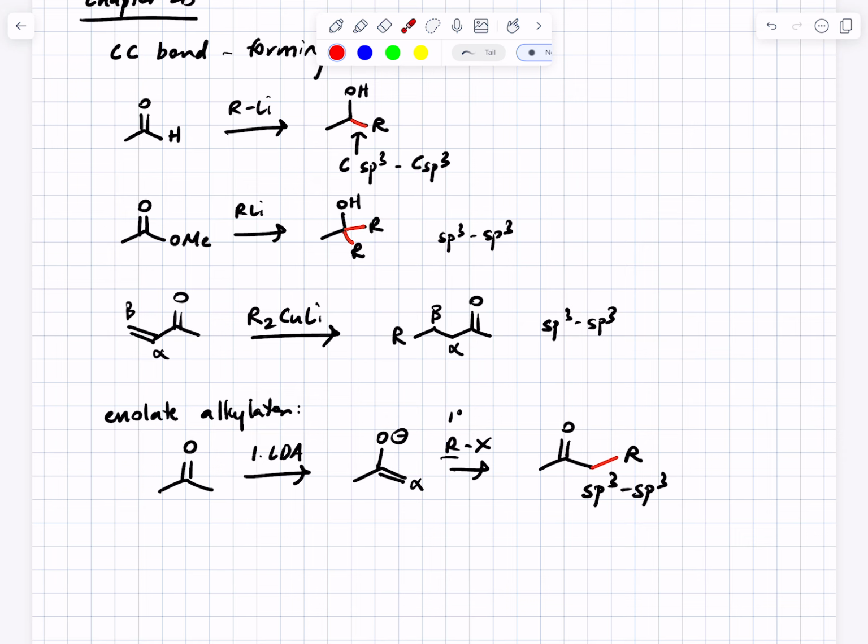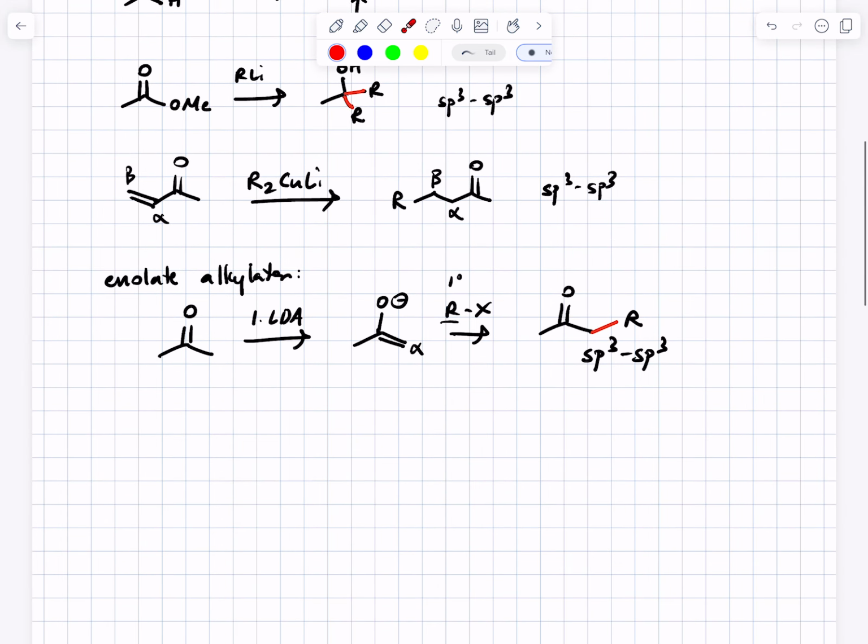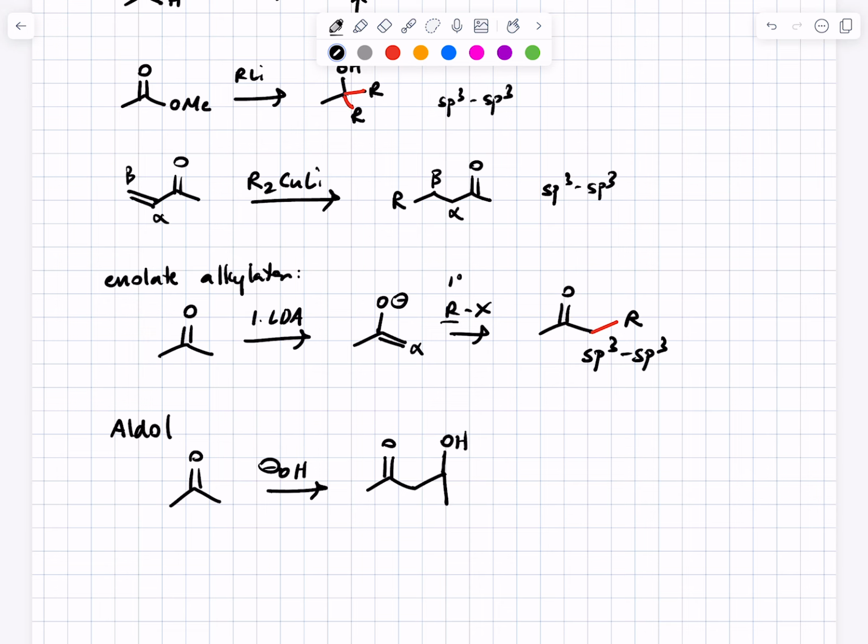Okay, and there were others that generated similar bonds too. For example, if you recall the aldol reaction, there you would start with, say, a ketone, and you would use a weak base. You'd make a small amount of enolate, and then one enolate would attack the other carbonyl compound. You would make this new bond between the alpha carbon of the carbonyl compound and the carbonyl carbon of another one.